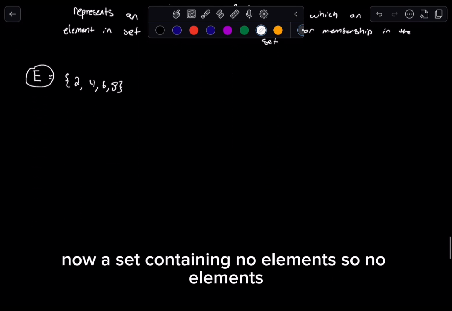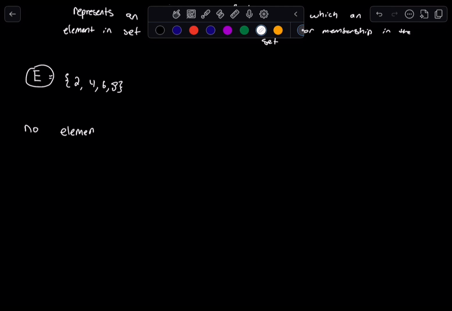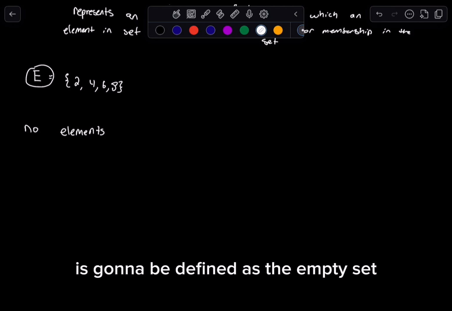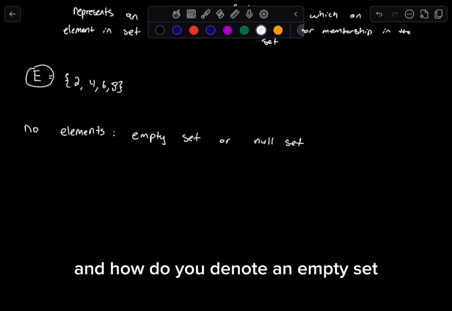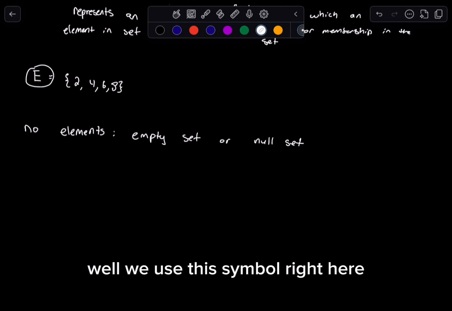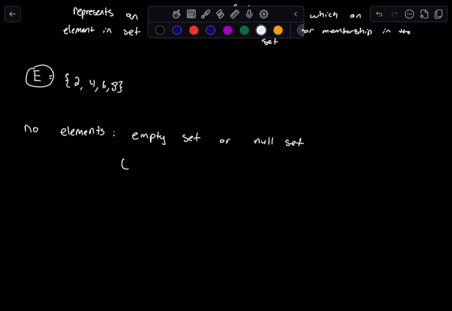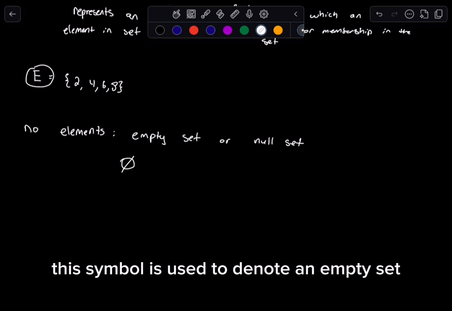Now, a set containing no elements is going to be defined as the empty set, or null set. And how do you denote an empty set? Well, we use this symbol right here. This symbol is used to denote an empty set.